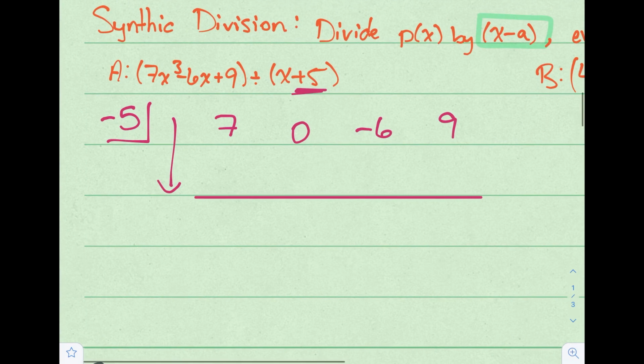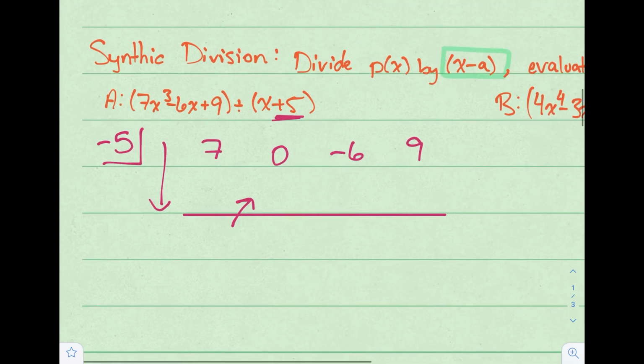And again, add down, multiply up. So 7 has nothing to add to. So we have 7. And then we will multiply by -5. 7 times -5 is -35.